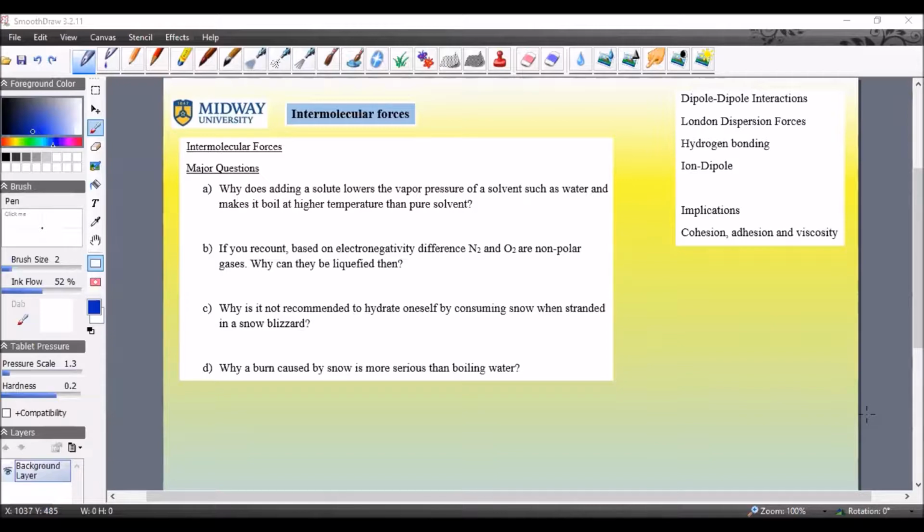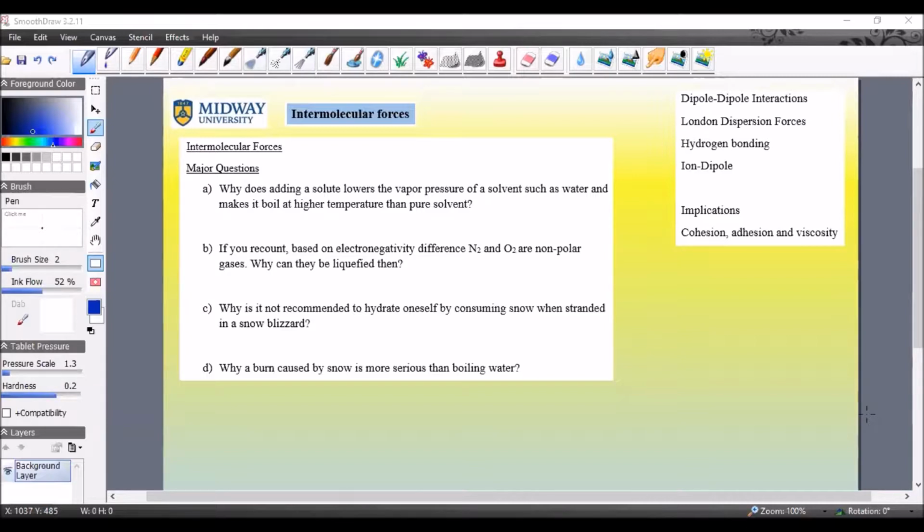There is one question that I want to touch back on from colligative properties. This is not one of the major questions I posted right up front when we started colligative properties. This is just an extension of a question. Why does adding a solute lower the vapor pressure of a solvent such as water and make it boil at a higher temperature than pure solvent or pure water by itself?